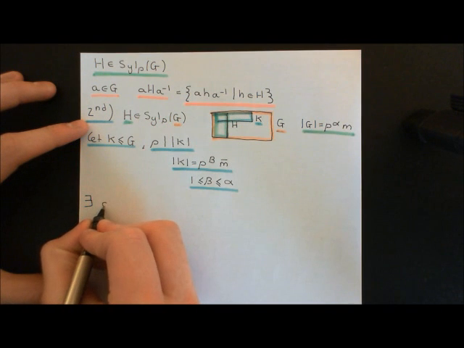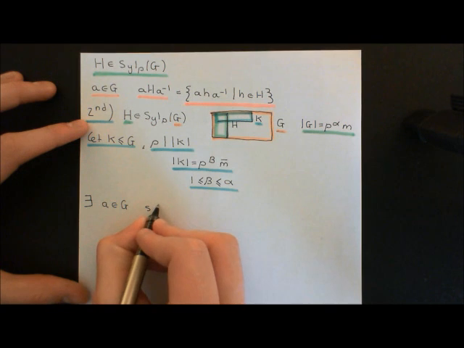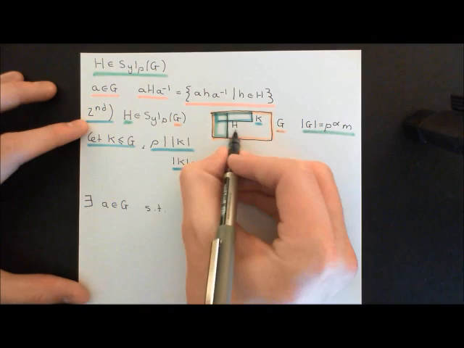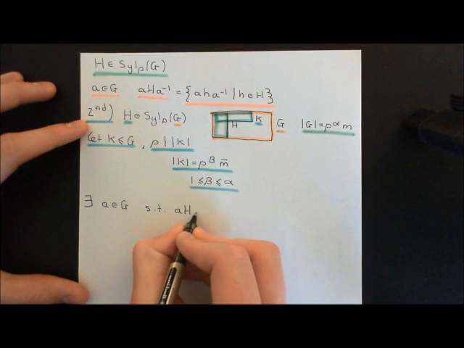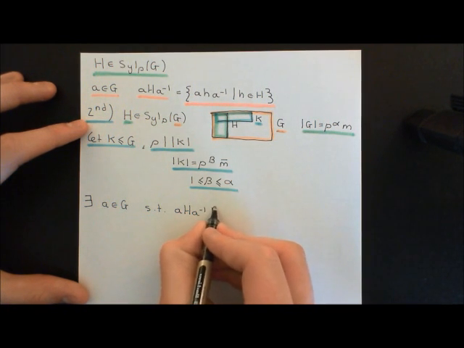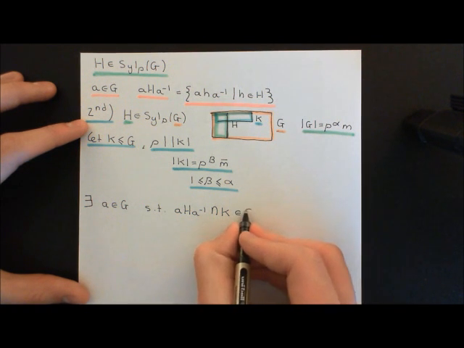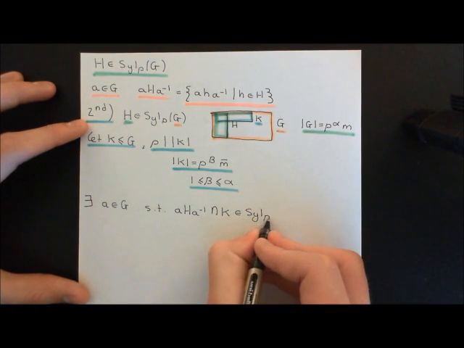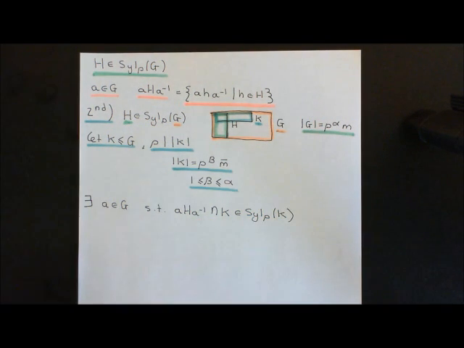There exists some a, which is an element of the group, such that the conjugate of this Sylow P subgroup by the element little a, intersect the subgroup capital K, is a Sylow P subgroup of K. So that is the second Sylow theorem.